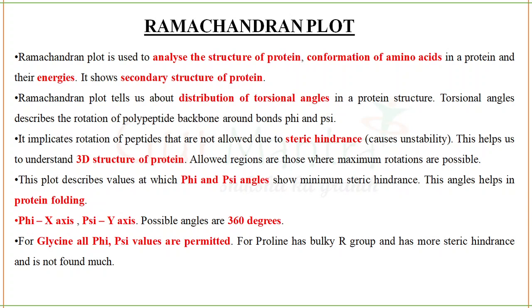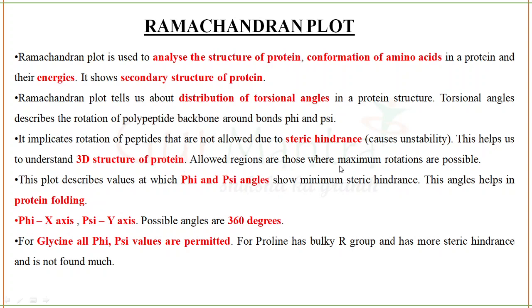So we can know whether the peptides are rotating properly, or whether there is any steric hindrance causing disallowed rotations. All these things we can understand in the Ramachandran plot. This helps us to understand the 3D structure of a protein.